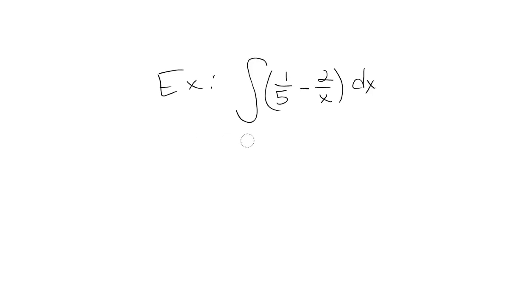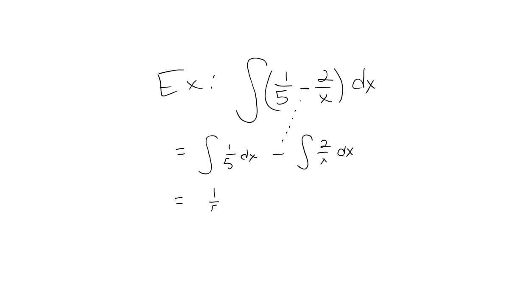The next example is the integral of 1 over 5 minus 2 over x dx. We have separate terms inside the integral, so we're allowed to apply our integral to each term separately. So there's the integral of the first term minus the integral of the second term, carrying down that minus sign. On the first term, you have the integral of 1 over 5 dx.